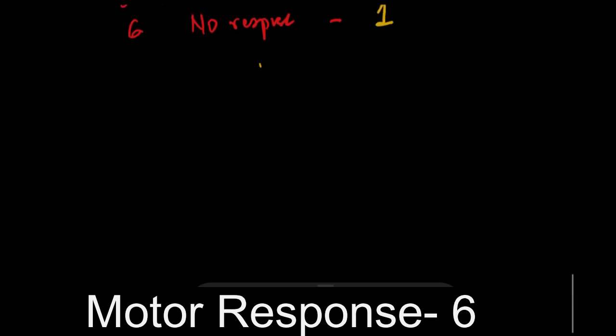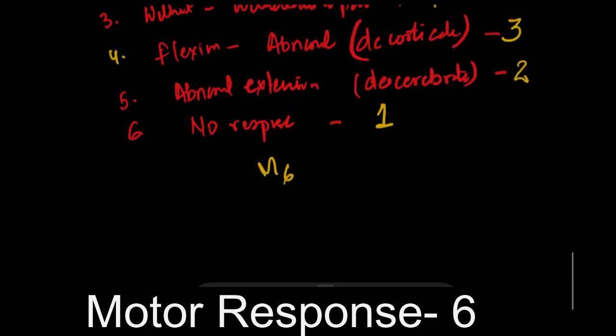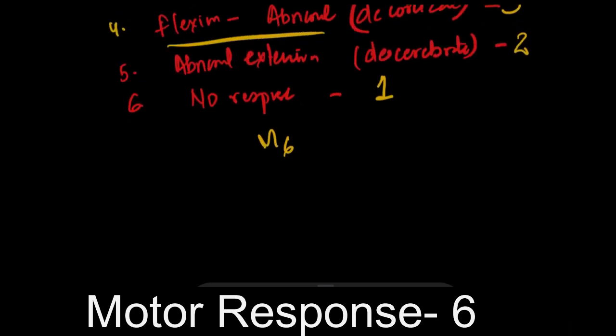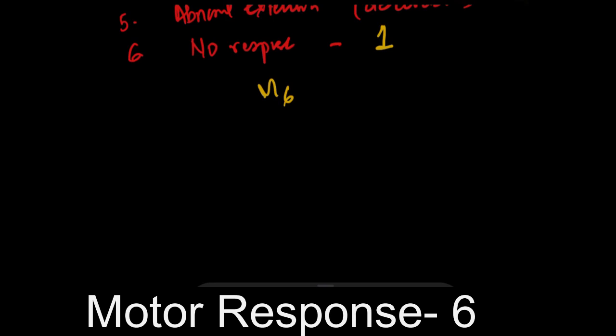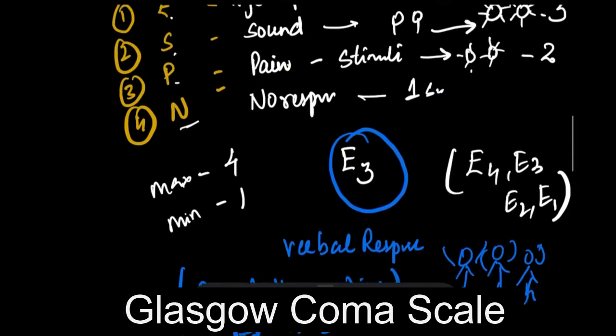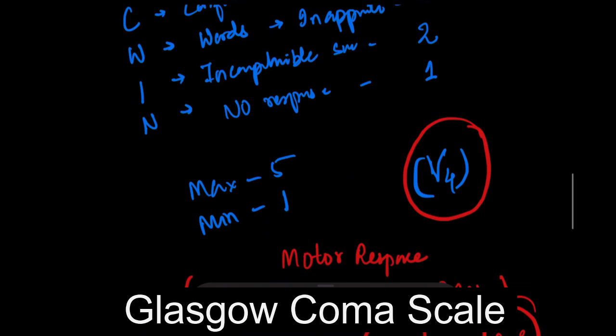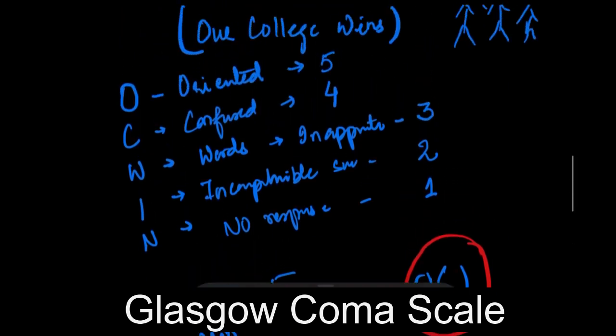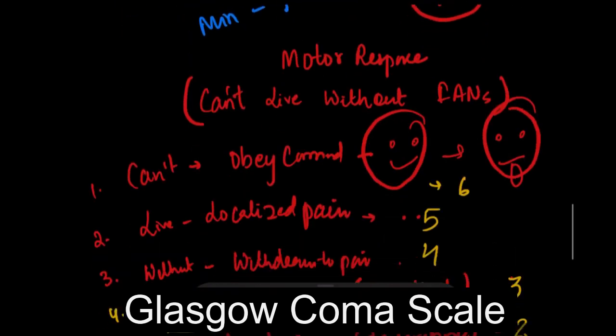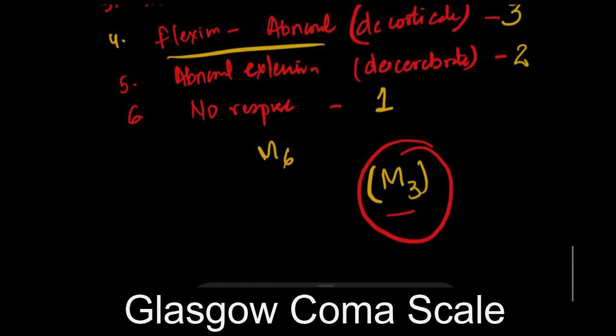So here we finished with the M, which has a total score of 6. Now suppose a patient is giving abnormal flexion, then we will give a score of M3. Now to count the total score, suppose a patient is opening their eyes on pain, is confused in answering what is asked, and is having abnormal flexion.